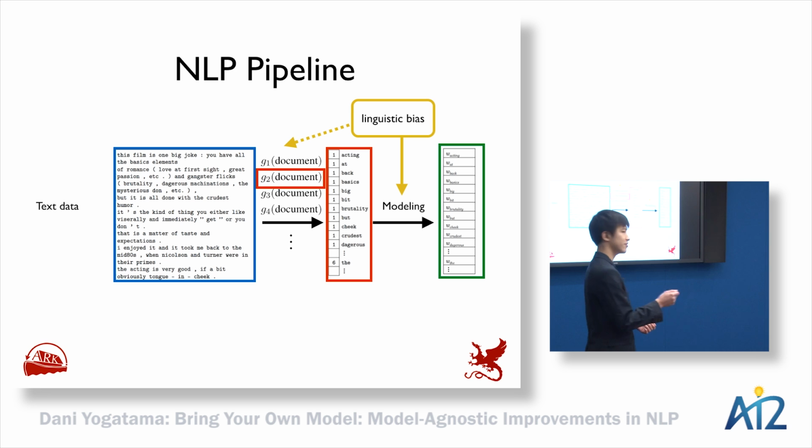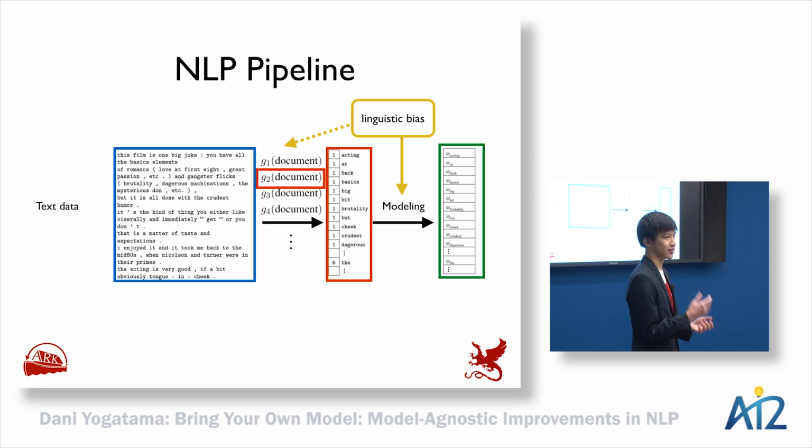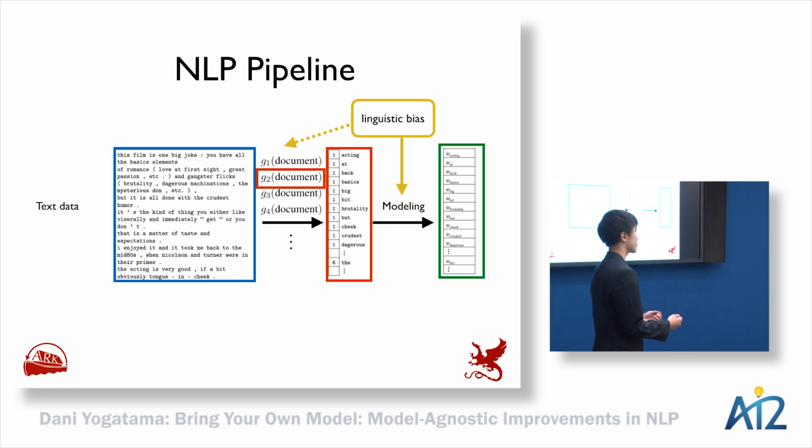So we usually choose a function that takes this text data and creates a feature vector, which is taken by our model as an input. The feature vector would be the red box over there. Then we choose our machine learning model, and we learn the set of parameters associated with the model, so that would be the green box. And somehow we can also incorporate our linguistic bias throughout this pipeline.